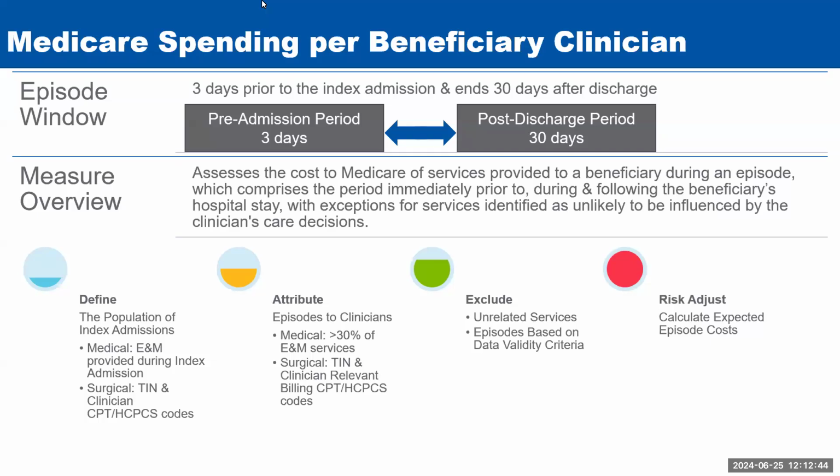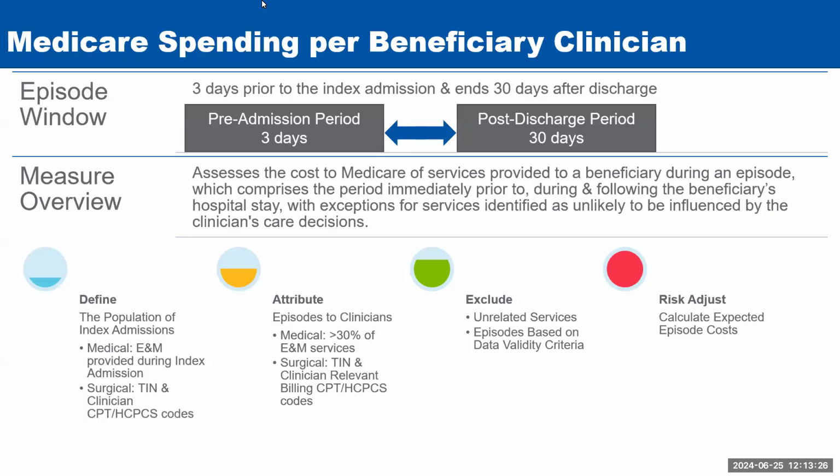Now, if you are receiving some type of care in that post-discharge window that doesn't have anything to do with that index admission, CMS is not going to attribute those encounters, those E&M codes, into your overall MSPB-C assessment. But if, say, that patient goes to the emergency department within that 30 days related to that index admission, say they have a wound dehiscence or some other type of re-injury related to it, that is going to be attributed.